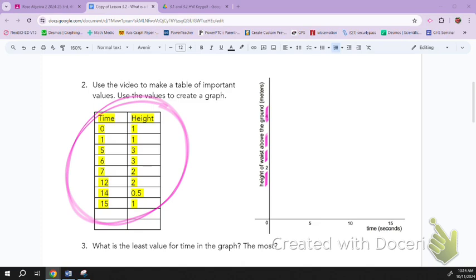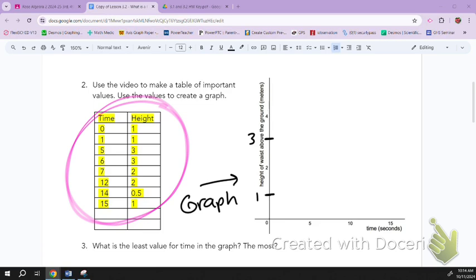So we have some accurate data from the video of his height versus time. Once you have these values written down, I want you to graph them next. We're going to make a graph, okay? This graph is going by 1, 2, 3, 4. The seconds is going by 5s.